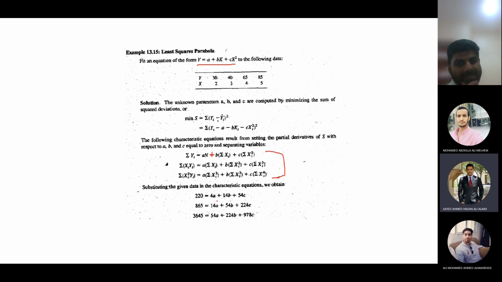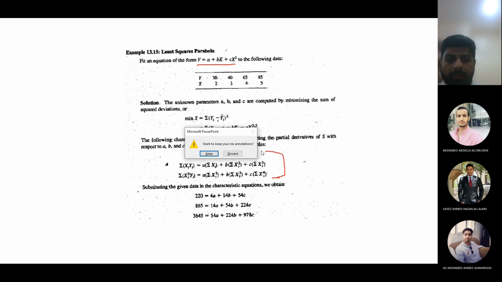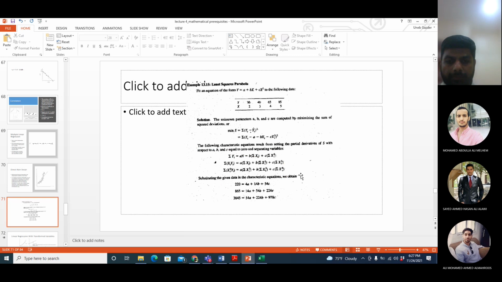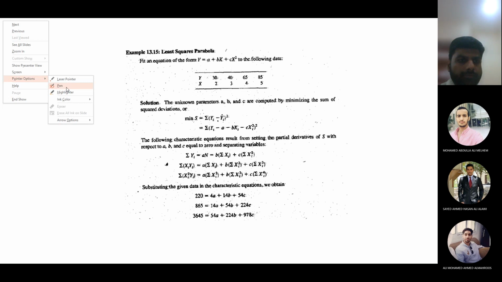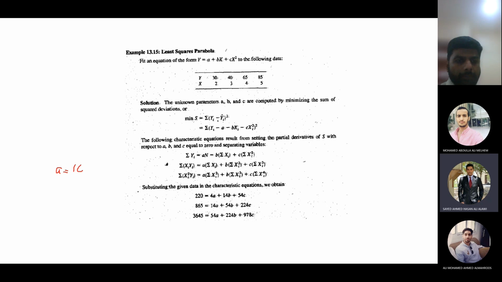A equals 16. Okay, that's very quick. A equals 16, okay. B equals 1.5. All of them are positive? Yeah.